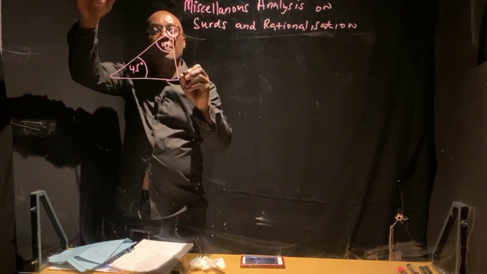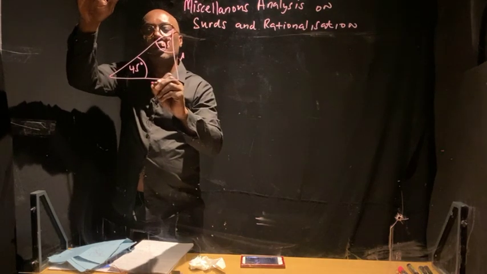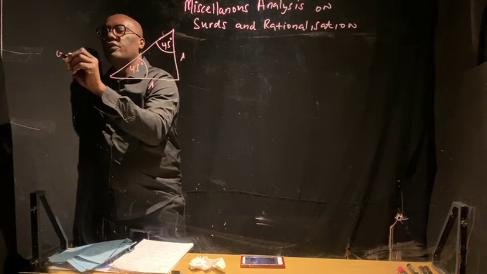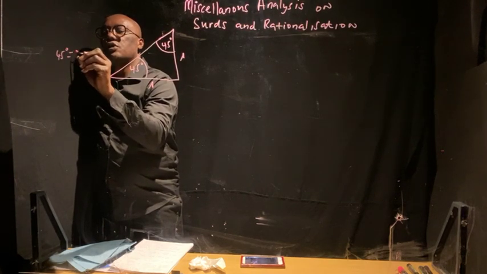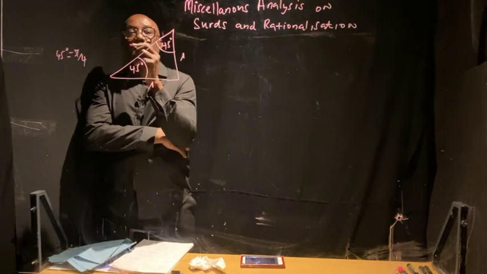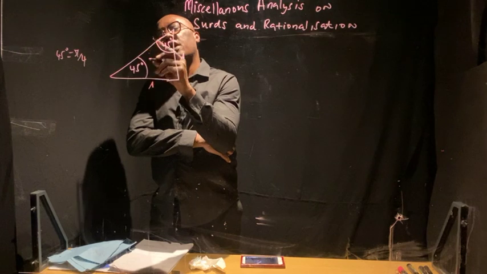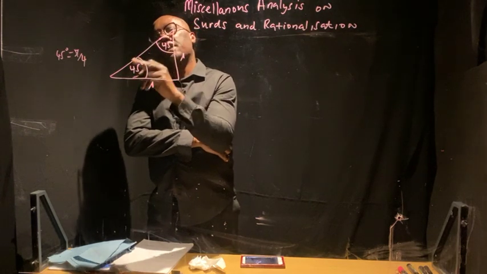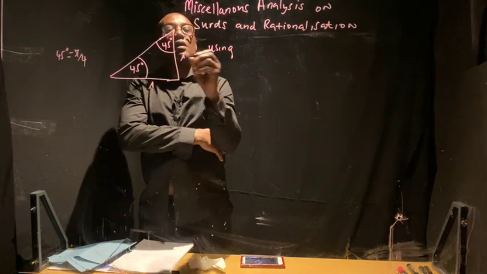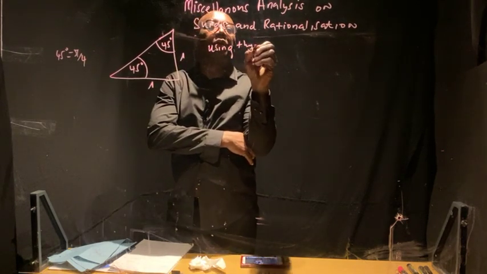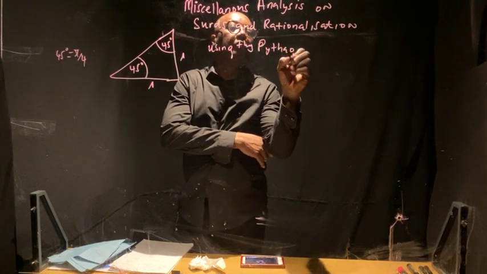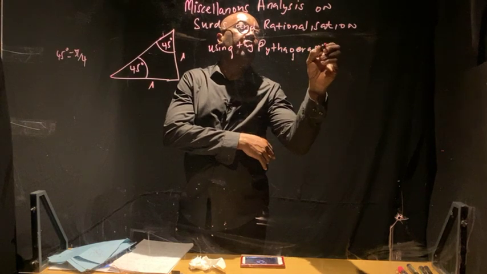And here is 1 and here is 1. Remember, 45 degrees is equal to pi by 4. Okay. Using the Pythagoras theorem, we can find the size of this length.